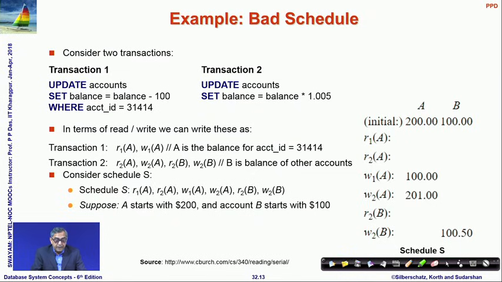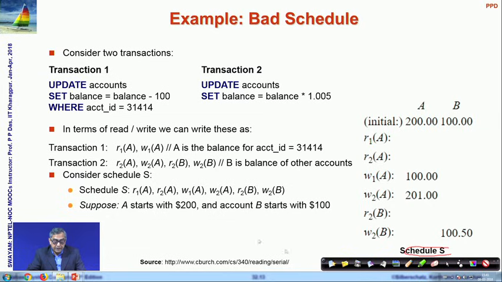R1A precedes W1A, R2A precedes W2A, W2A precedes R2B, R2B precedes W2B, and so on. Their original ordering is maintained, but we have an interleaved schedule called S. On the right, this is schedule S.